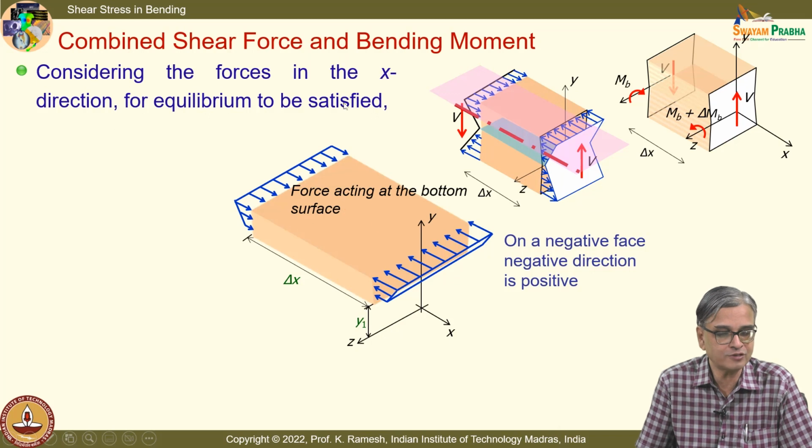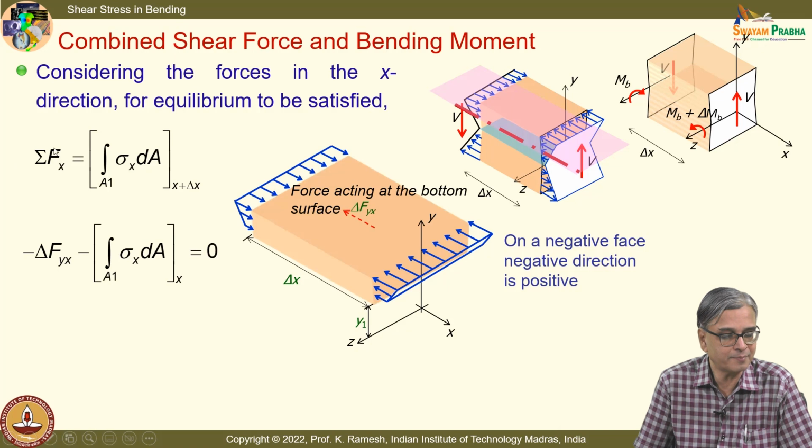So, considering the forces in the x direction for equilibrium to be satisfied, let us write the expression. See, we are writing stress components, and if I know the area, I can find out the force. Fine. So, I want to put summation of Fx equal to 0.